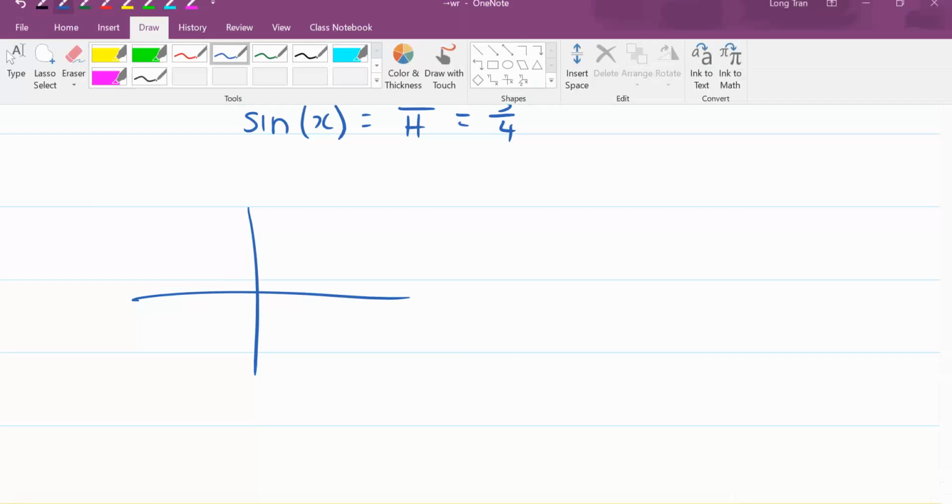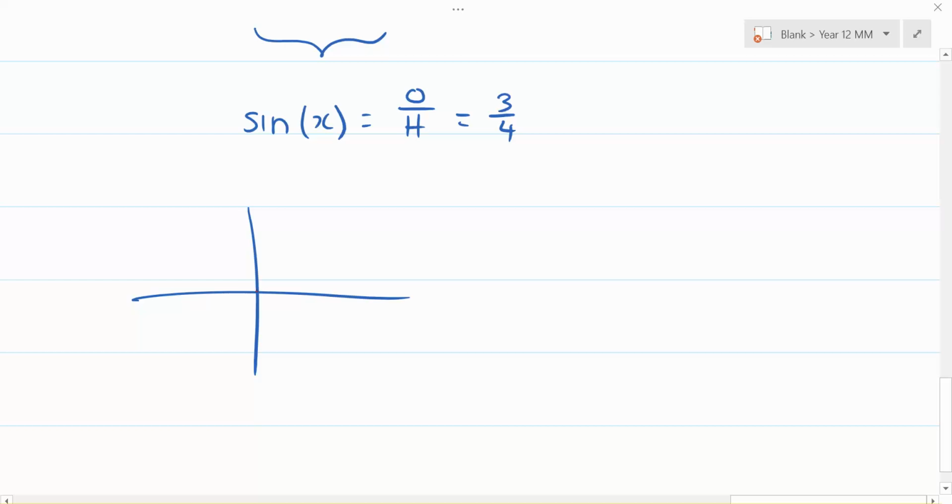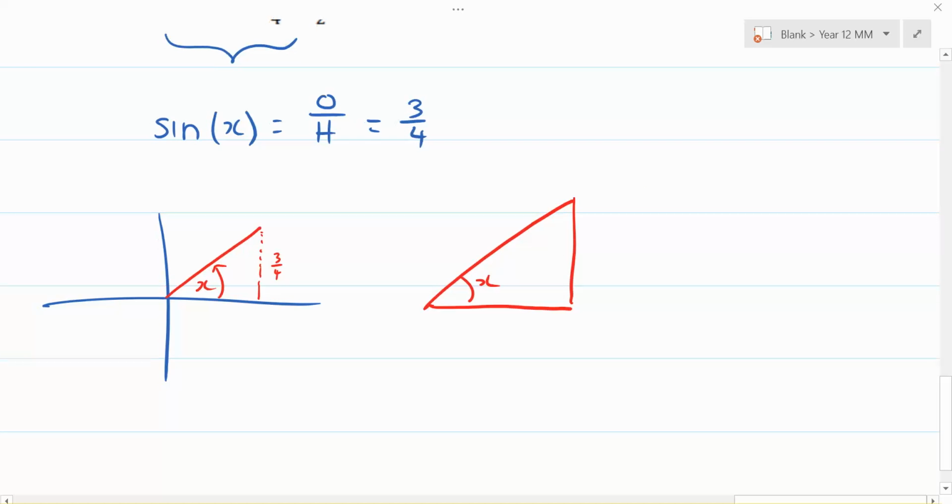when you have your x and y axis and you make an angle of x, then the sine, which is the y value, is 3/4. Alternatively, if you have this triangle with the angle x, then opposite, which is this side, is 3, and hypotenuse is 4.